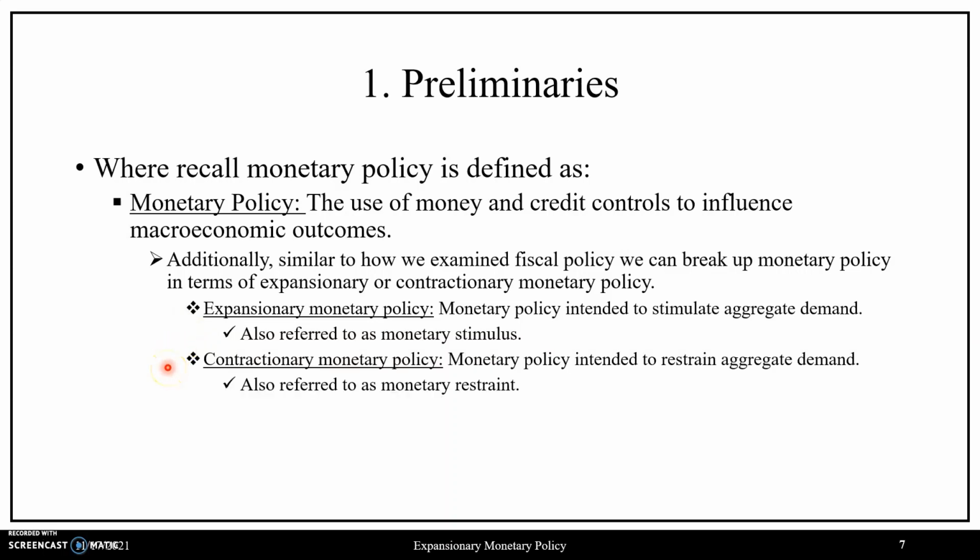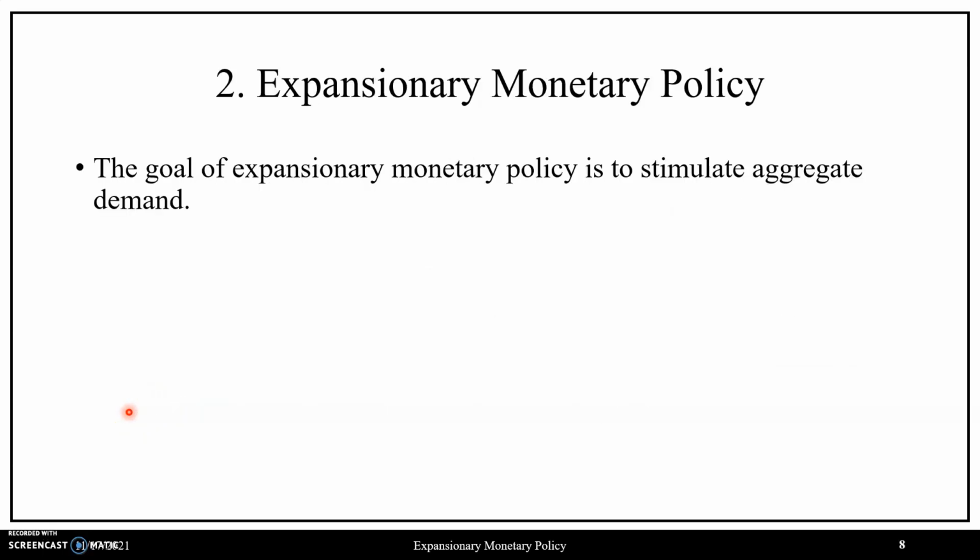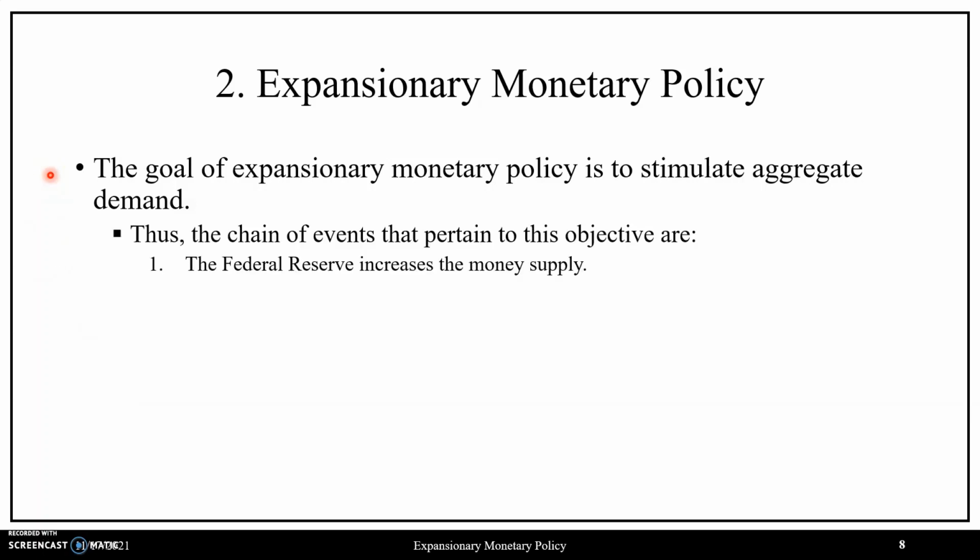Likewise, contractionary monetary policy is monetary policy intended to restrain aggregate demand, also sometimes referred to as monetary restraint. In today's discussion we will focus on expansionary monetary policy, where, as mentioned, the goal of expansionary monetary policy is to stimulate aggregate demand.